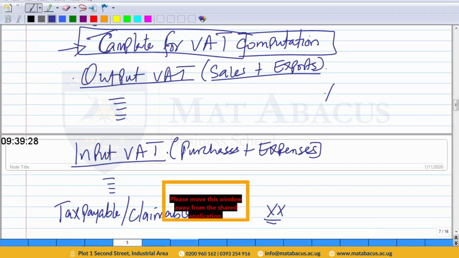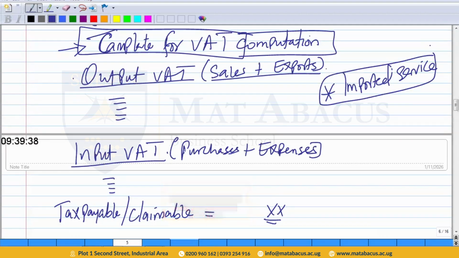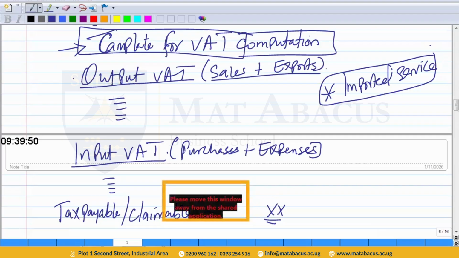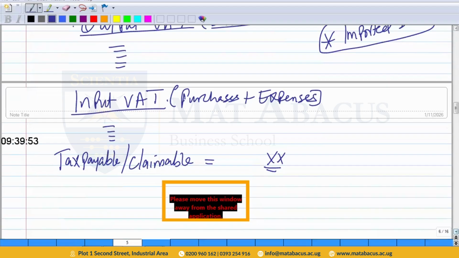We shall also note VAT on imported service. How is it accounted for? If you have imported service, how do you account for VAT? What about input VAT on imported service?